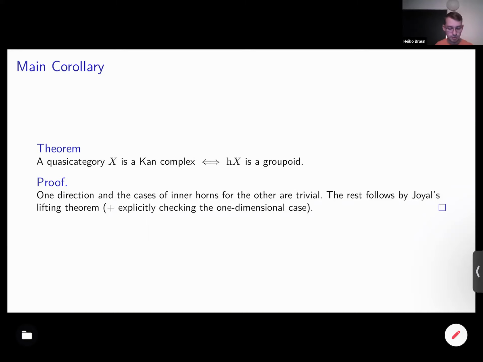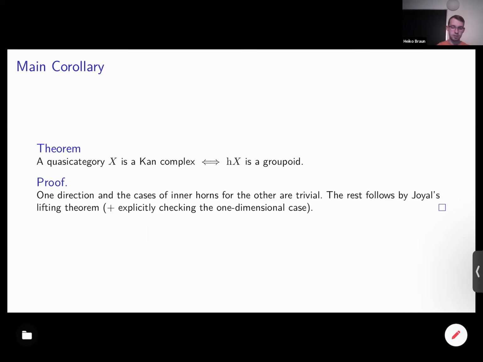One direction of this is obvious, namely when we have a Kan complex, then it's a groupoid. This is the argument I just drew here, that the two horns can be lifted. And the other direction follows by Joyal's lifting theorem, because we already assume that it's a quasi-category, so only the outer horns are left to be filled.